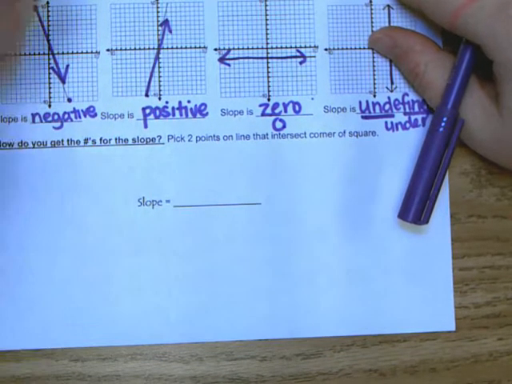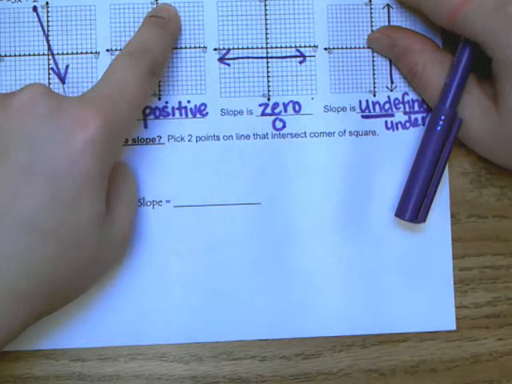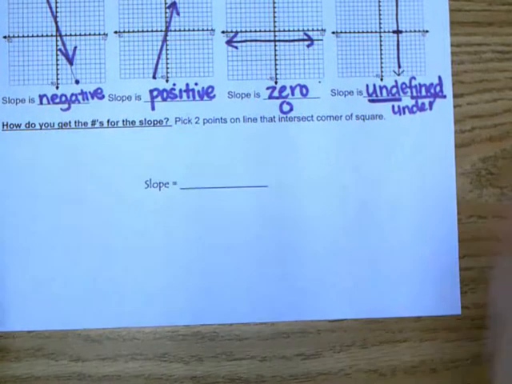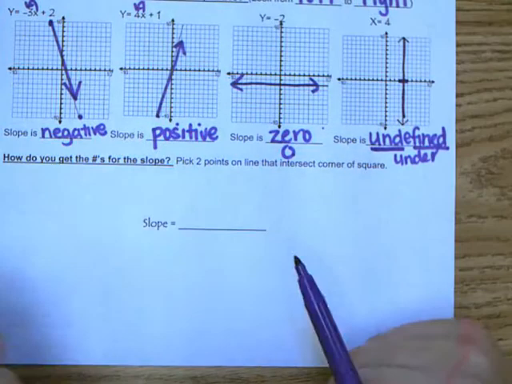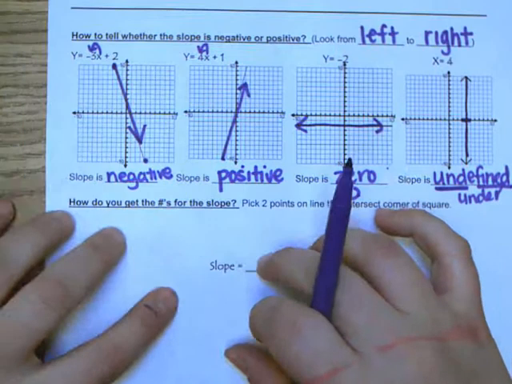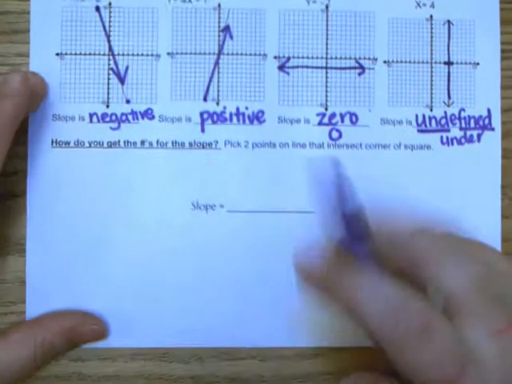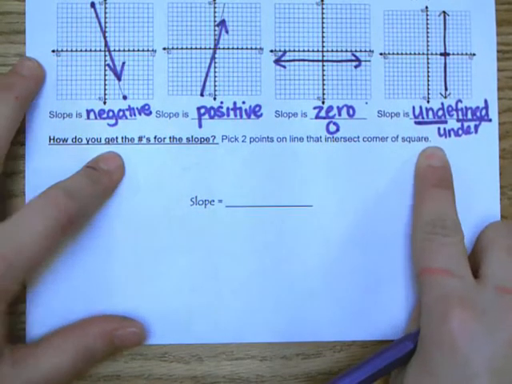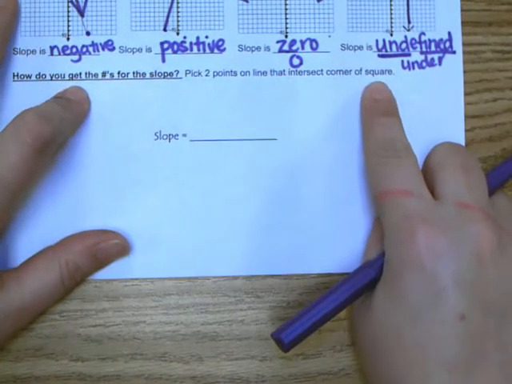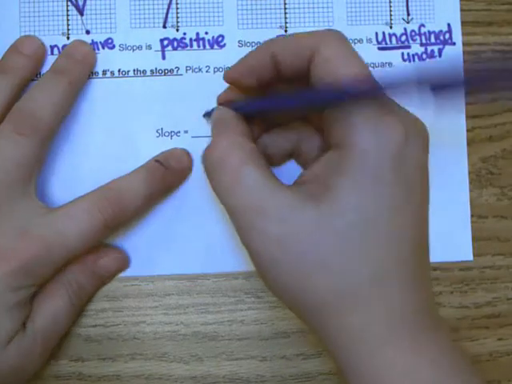Okay, so we've talked about how to tell whether the line falls or increases, has a positive or negative slope, but how do we actually get that this is positive for the slope and that this is -3 for the slope? To actually find the slope, you're going to pick two points on the line that intersect at the corner of the square.